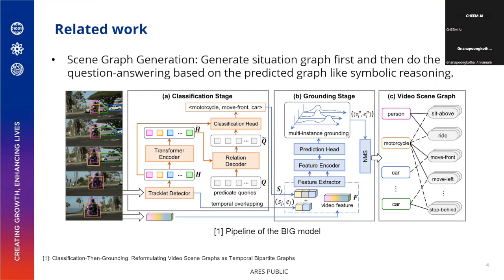After that, there is a grounding stage, which tries to identify the time frames in which each object appears. For example, you can see that suddenly the car disappears. So we can know the movement of these different objects based on these situation graphs in order to do downstream tasks like answer reasoning.